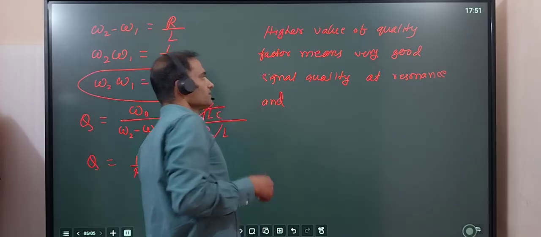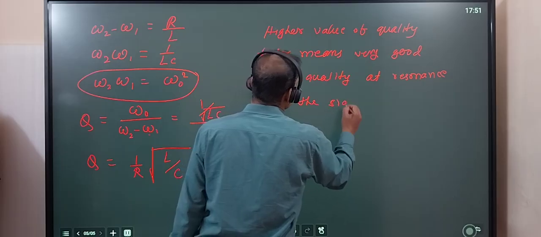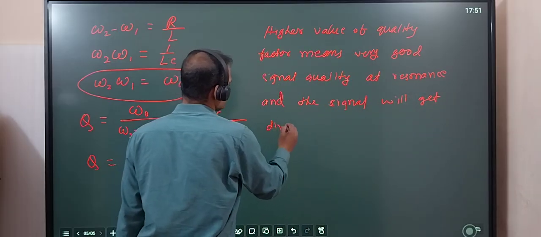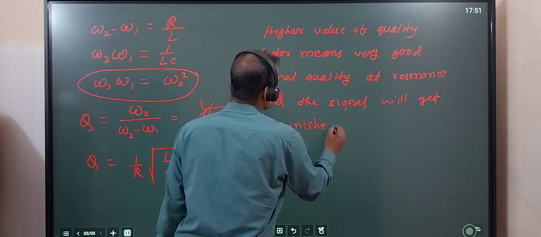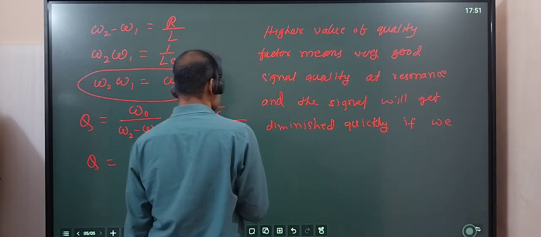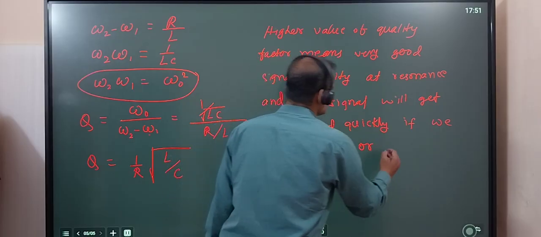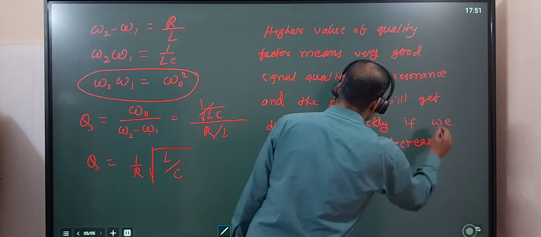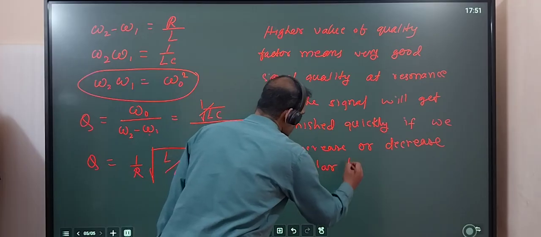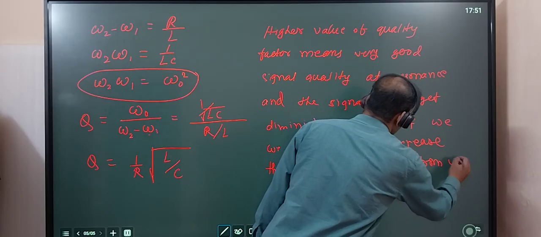and the signal will get diminished quickly if we increase or decrease the angular frequency from omega naught.